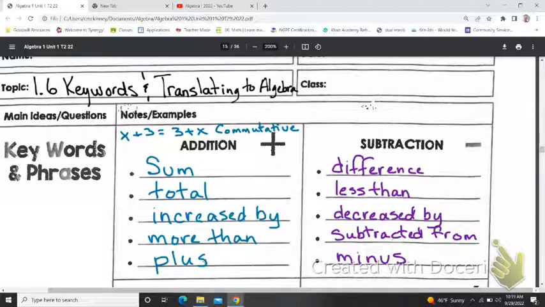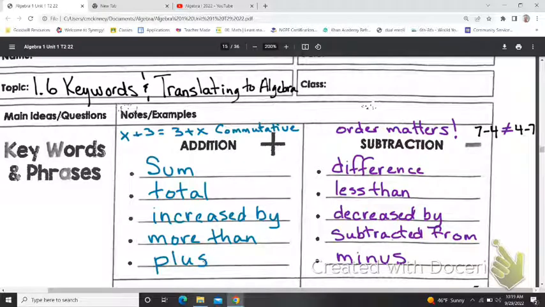Now, subtraction is not commutative. And what that means to us is that with subtraction, the order matters. So, for instance, let's just use numbers so that we can see it. 7 minus 4, 4 minus 7. They are not the same.